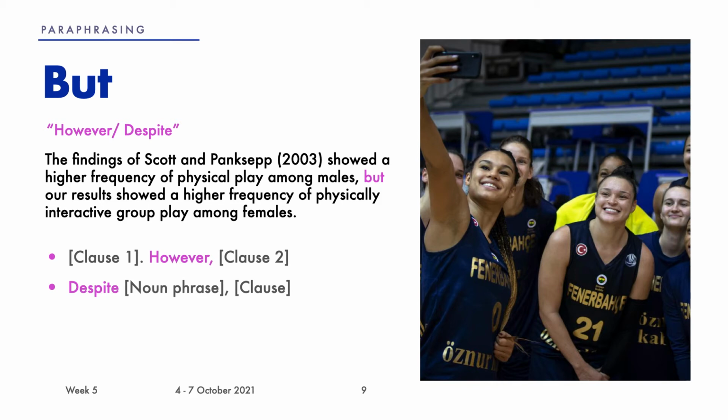And remember, when you use despite, it's very different from using although, because when you use although, you can simply write a clause after although. But in this case, when you use despite, you have to turn a clause into a noun phrase.